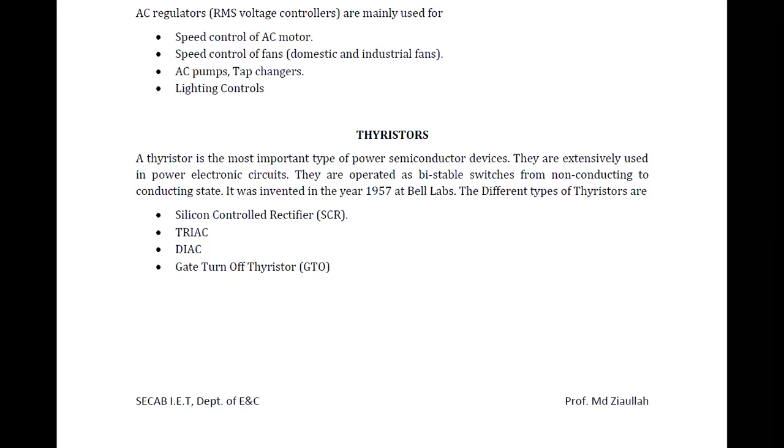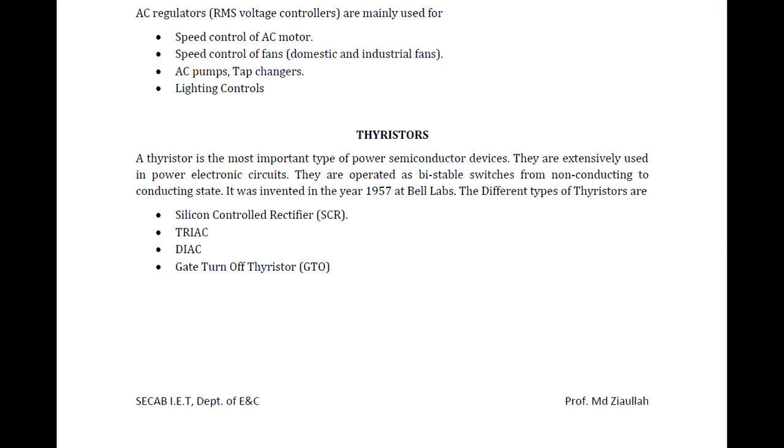The name power is added to that semiconductor device because its power handling capability and mechanism is far different from other semiconductor devices in terms of voltage handling, current handling, and other aspects.